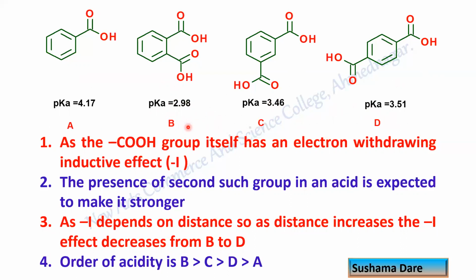So the conjugate base of B is more stable as compared to C, as compared to D. Therefore B is the strong acid as compared to C, as compared to D. So the final order of acidity is B stronger than C, stronger than D, and A is the weak acid among all.